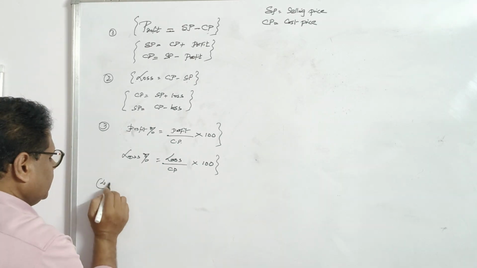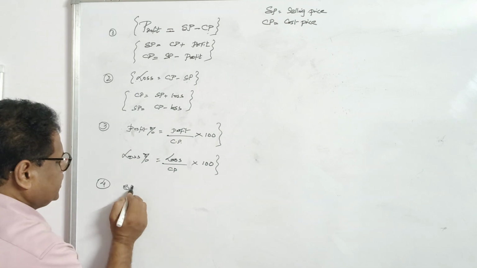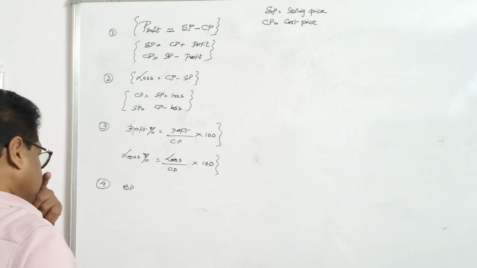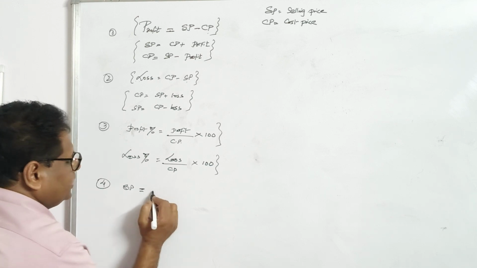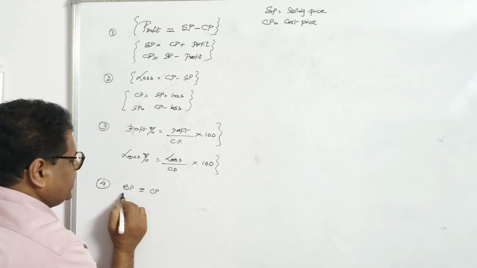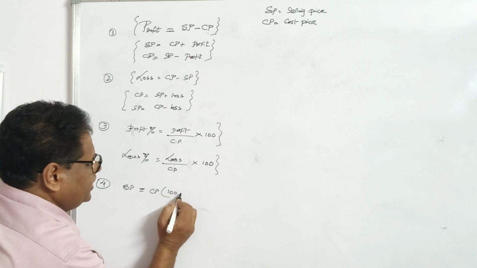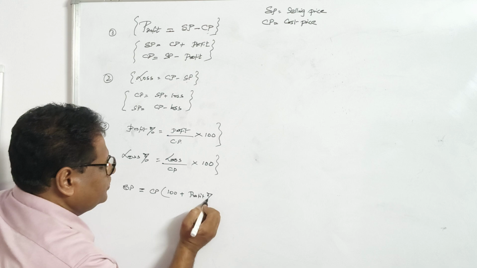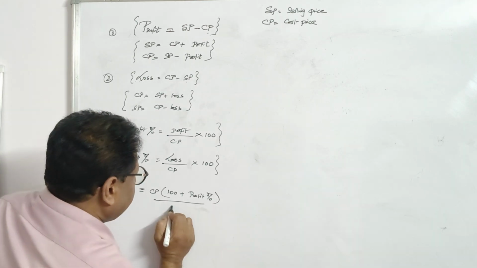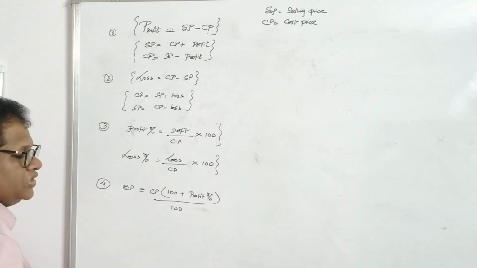Now supposing you want to find the selling price of the article, and you are given the cost price and profit percent, you can frame this formula: SP equal to CP into (100 plus profit percent), the whole divided by 100, right?